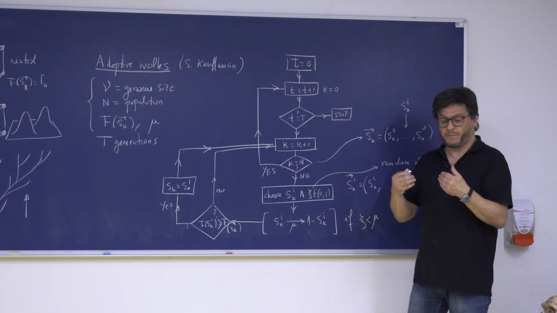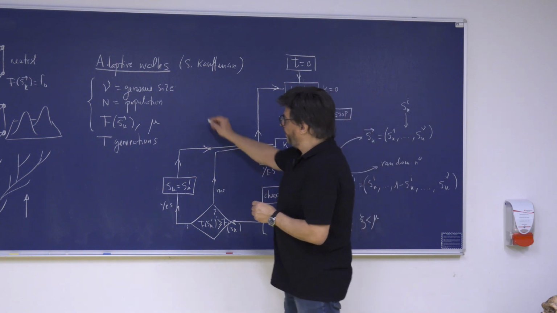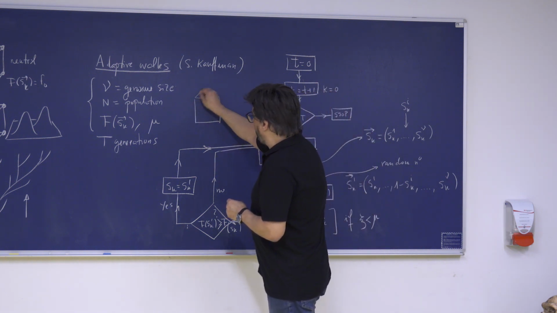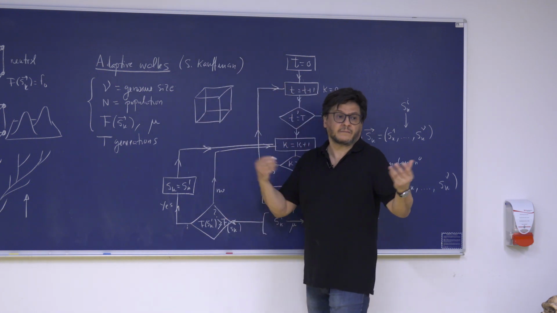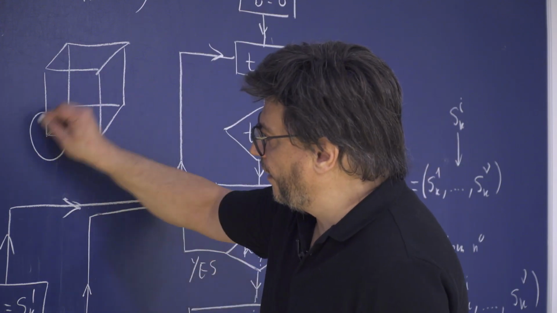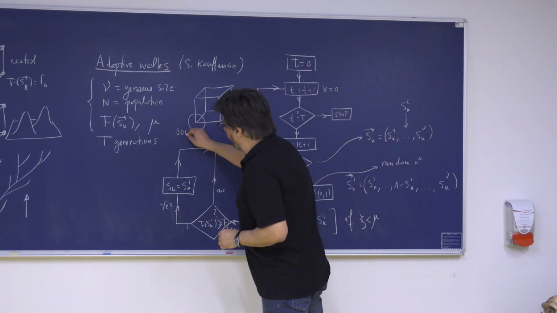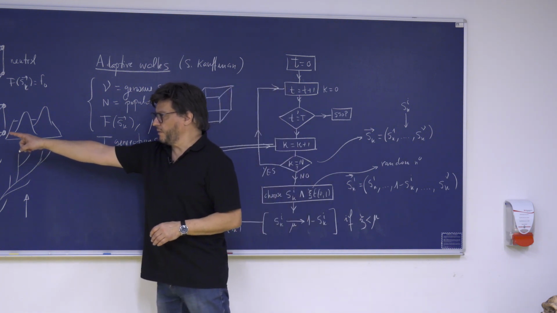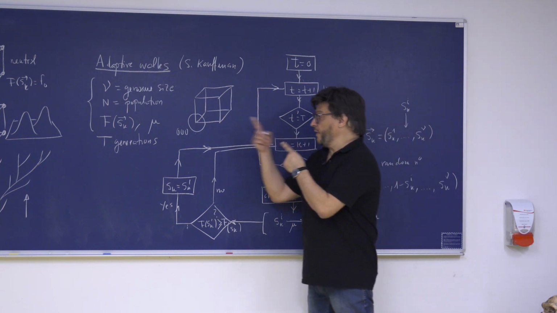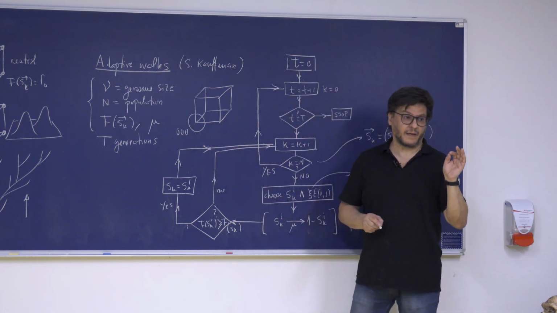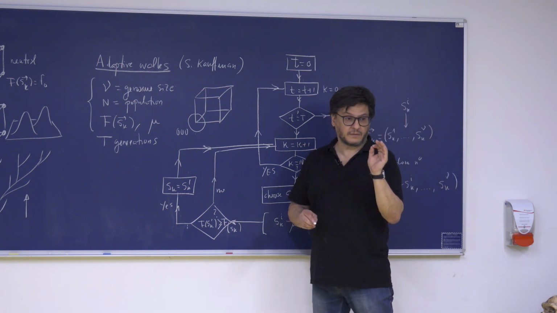Let's rapidly summarize that. I have a population of agents. In my simple cube, for example, it means that I start somewhere. If we're doing that, everyone is here, 0, 0, 0 for everyone. Imagine that my landscape is that single-peak one, the number of ones. For every single element, I look at what happens when I flip one bit.